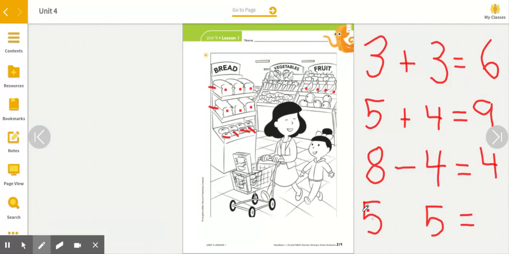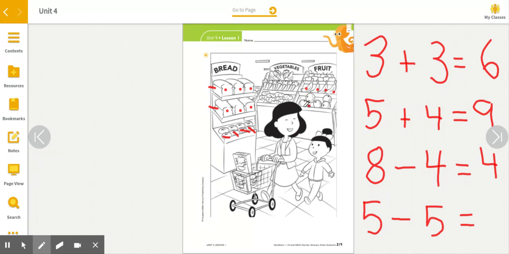So let me say that again. There are 5 oranges. We see them, 1, 2, 3, 4, 5 oranges on the shelf. And then a lady comes and buys 5 oranges. So is that a takeaway or put together? Is she bringing more oranges to the store, or is she taking them away from the store? She's taking them away. So that's a takeaway, a subtraction. And how many does she take away? 5.